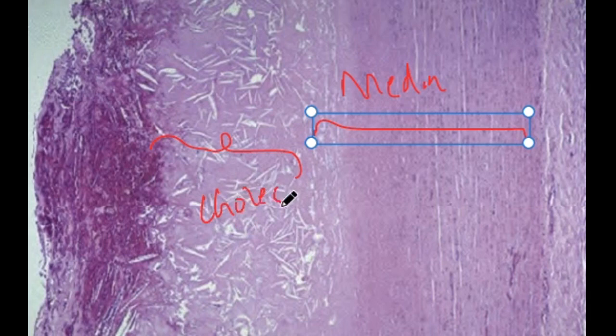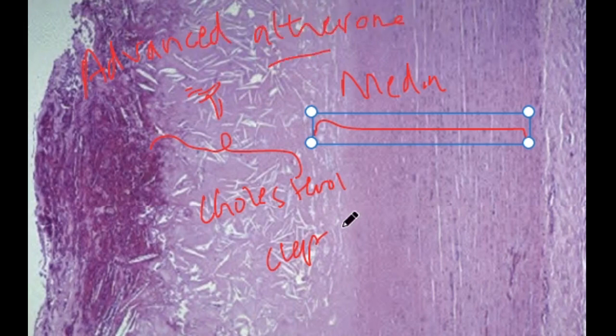All these small clefts which you can see are cholesterol clefts, which are a result of breakdown product of lipid imbibed into the foam cells. Here there is a mural thrombus which has resulted in this advanced atheroma. So this lesion is called an advanced atheroma, which is a part of atherosclerosis.